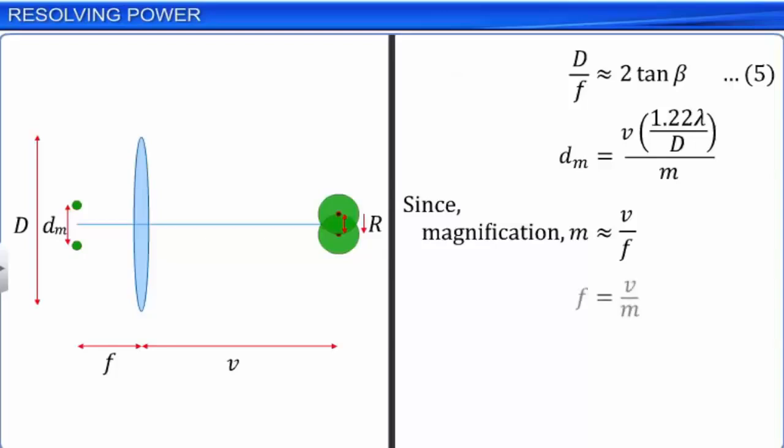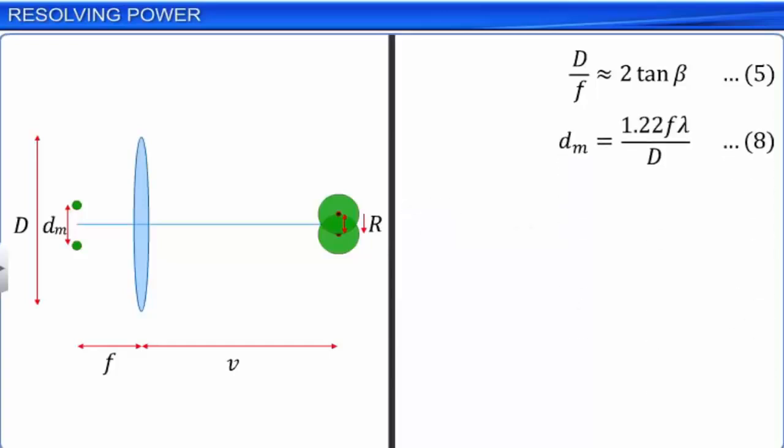Therefore, dm is equal to 1.22 into f lambda by d. Let this be equation 8. From equations 5 and 8, we get dm is equal to 1.22 lambda by 2 tan beta. For small angles of beta, tan beta is equal to sin beta approximately.